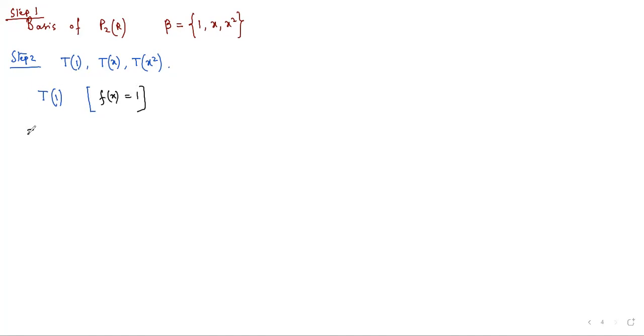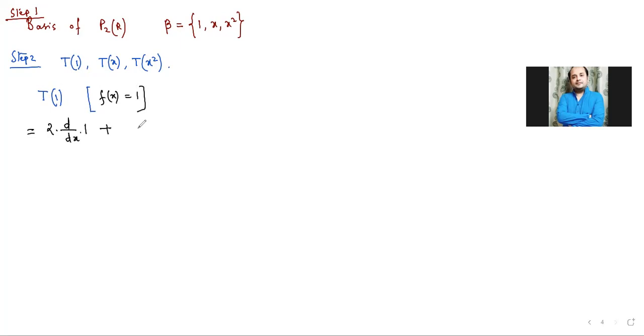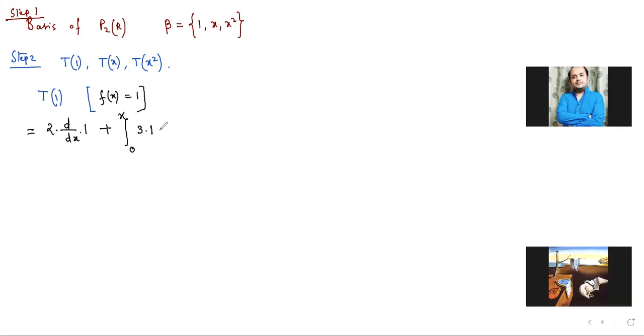What will be the value? Yes, sir, f dash x will be 0. So d/dx of 1 plus the integral from 0 to x, not 0 to 1, 0 to x, of 3 into 1 dt.